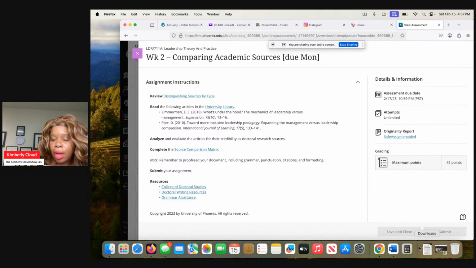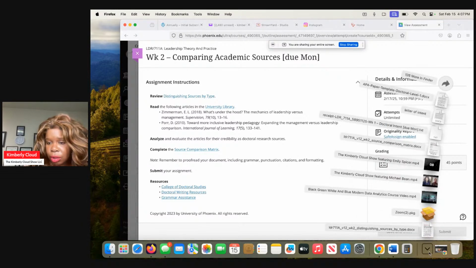Now, do I have the source comparison matrix downloaded? Yes, it's right here.